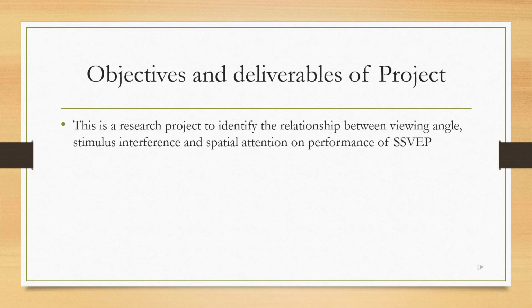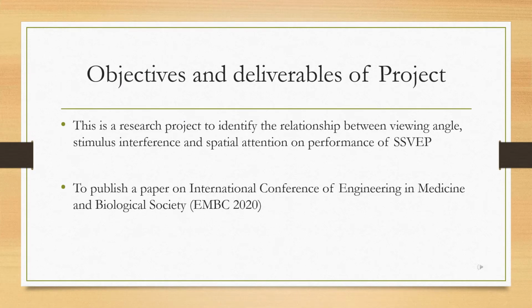The specific goal of this project is to discover new characteristics of steady-state visually evoked potentials-based brain-computer interfaces by identifying the relationship between spatial attention, viewing angle, and stimulus interference with respect to performance in terms of classification accuracy and information transfer rate. The results might contribute to discovering more practical ways to design a brain-computer interface.